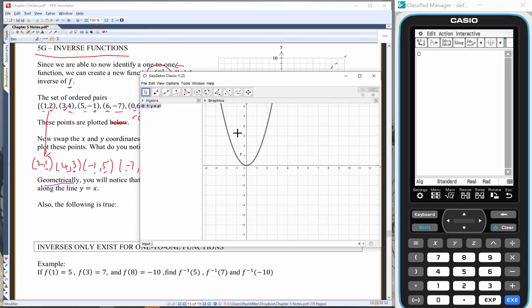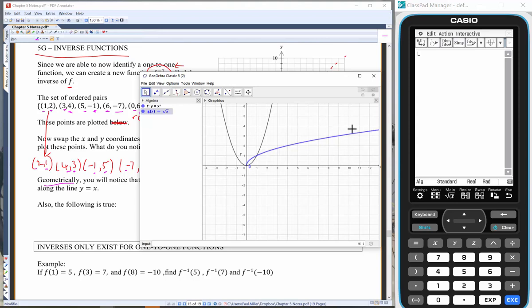It is a function, but it's not a one-to-one function. Now GeoGebra has a command called invert, and we'll invert a relation to produce the inverse of that. It will essentially swap the x's and y's. Have a look at what happens. So invert f of x, please. Interestingly, it produces this graph here.